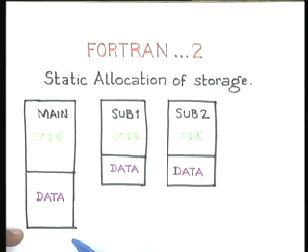There are of course common areas, but let us not worry about that. A simple Fortran program which consists of functions and subroutines would be such that all the data that has been declared in that block is also allocated along with the code for that block.